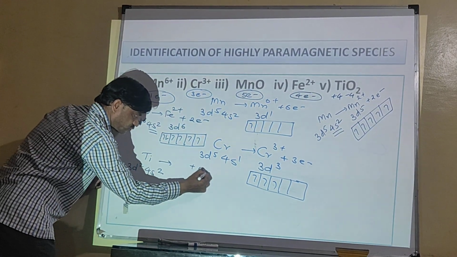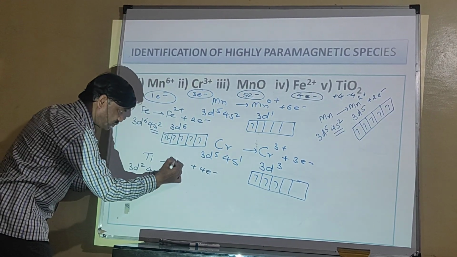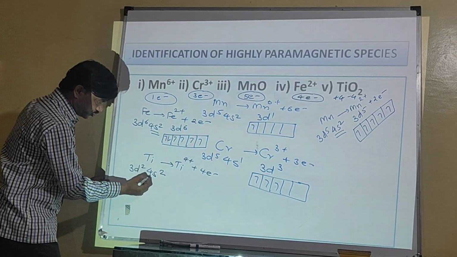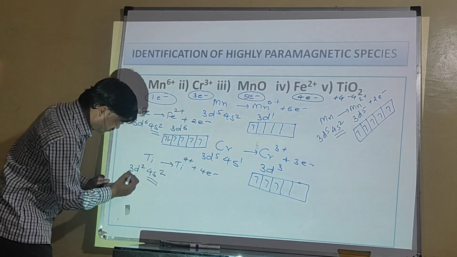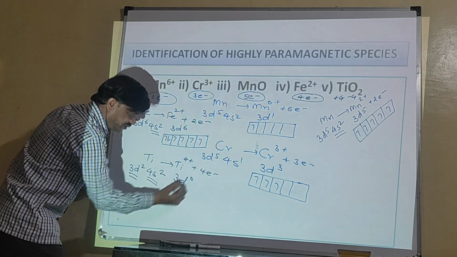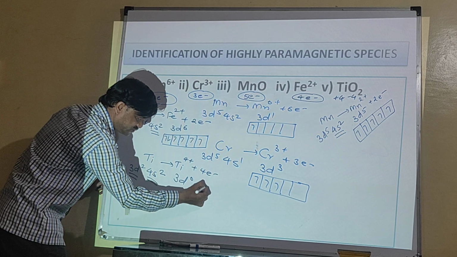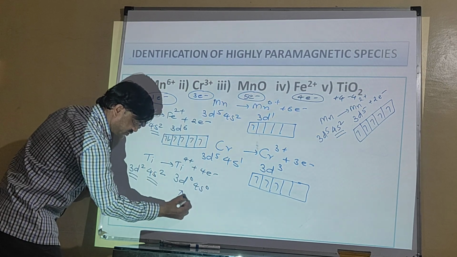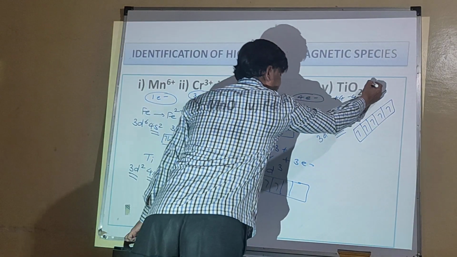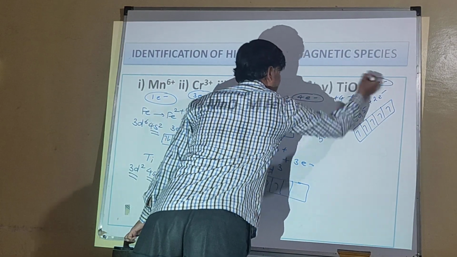So how many electrons are to be lost here? 4. So what kind of species are you getting? Ti +4. So 2 electrons from 4s, 2 from 3d, loss of 4 electrons. What are you getting here? 3d0, 4s0. So there is an absence of which electrons? Unpaired. So we can write there are 0 unpaired electrons.